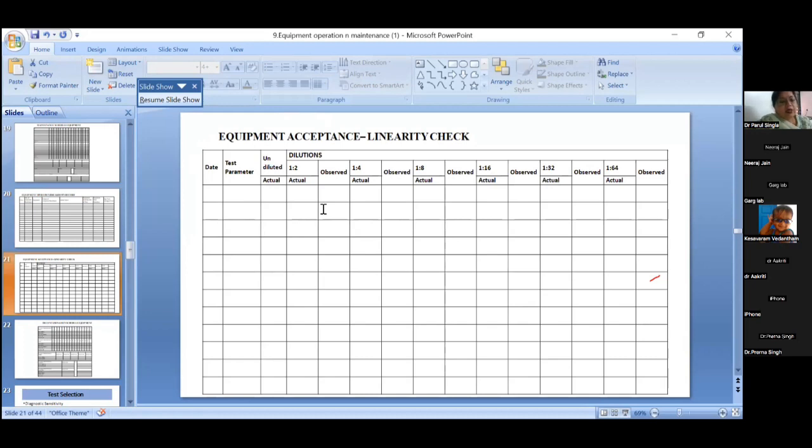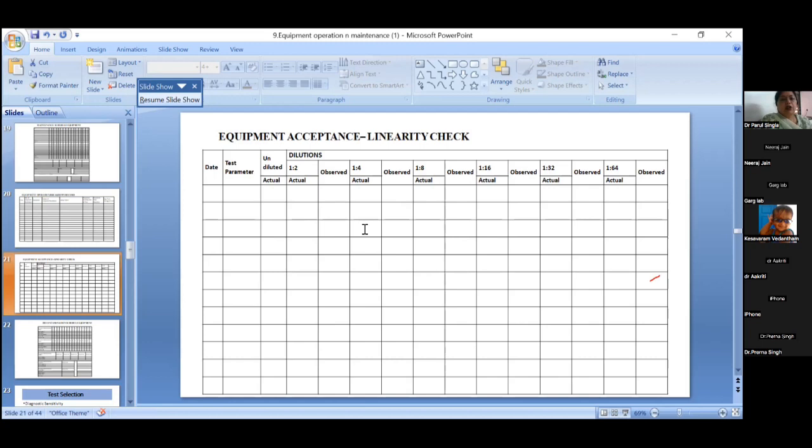So what you will do is take a sample with a value of 500, run it at 1:2, run it at 1:4, 1:8. The graph should be linear, but if it is not after 3, then your linearity will be starting from 3 to 500.